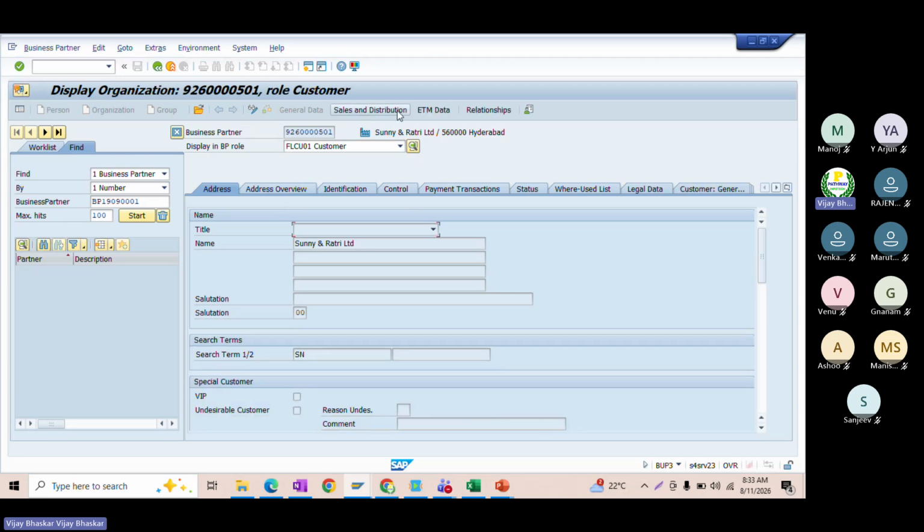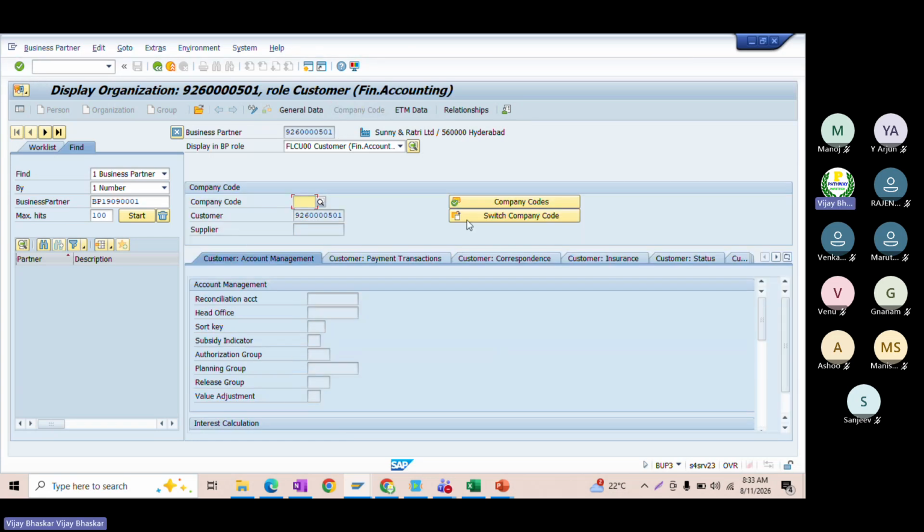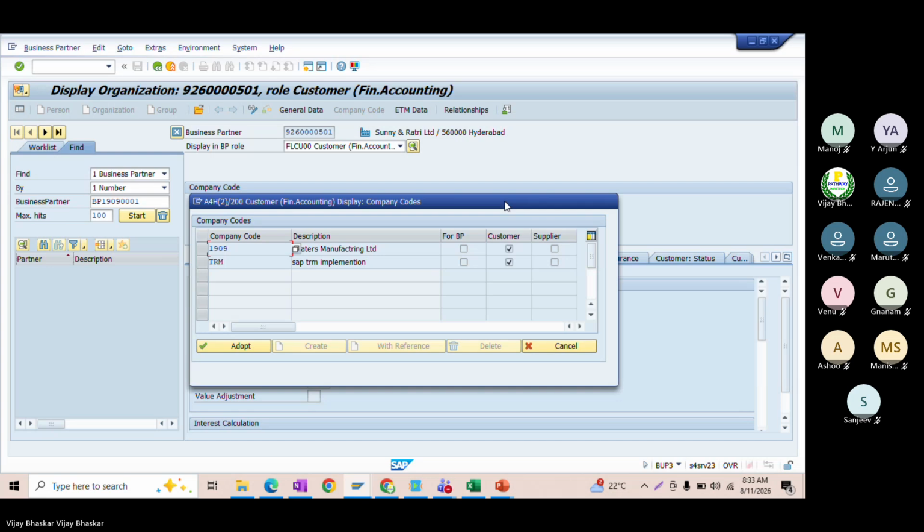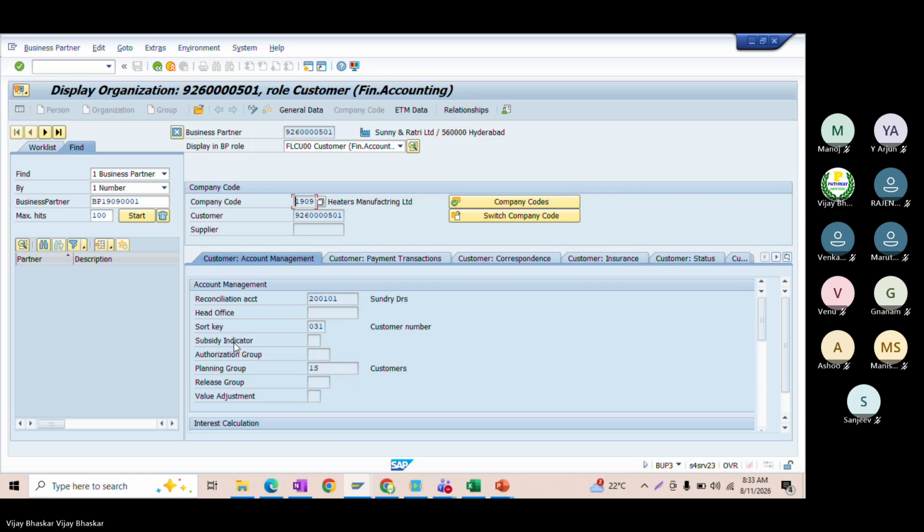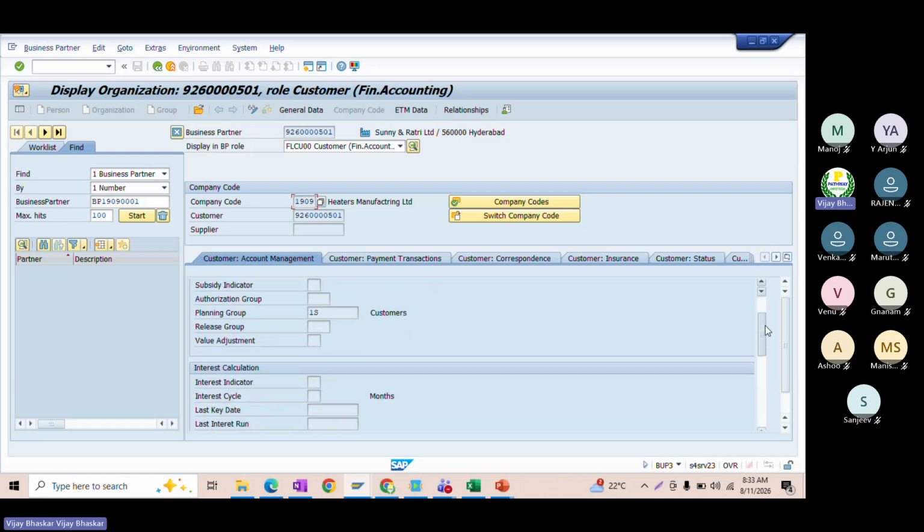Let me take this one. Company code data. Under this, you can see here. I pick this company. Now you could see this is what I was talking about, the planning group.